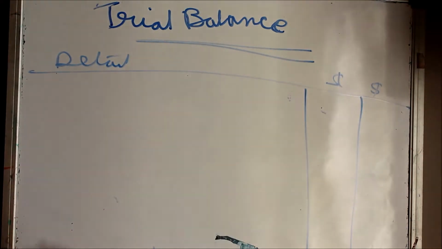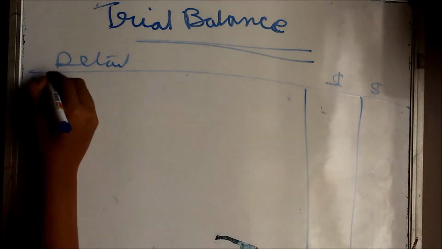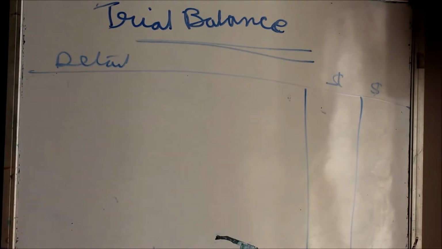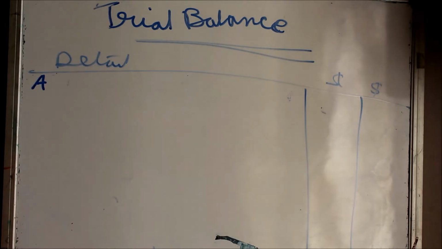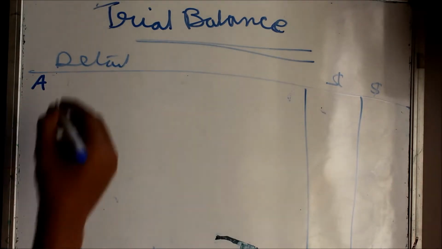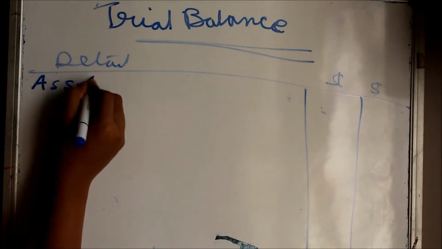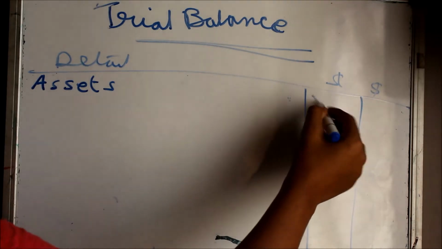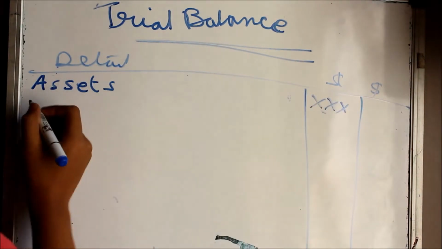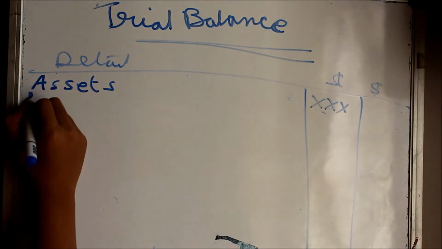So on the debit side, as I said, assets will come on the debit side over here. Then comes purchases.